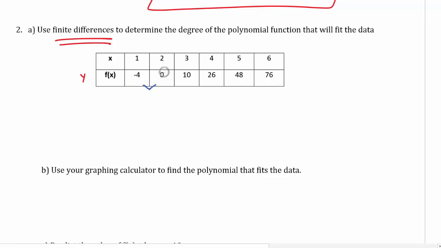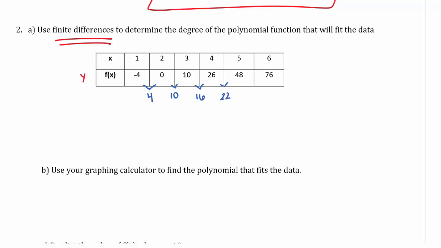So between -4 and 0, I'm going up 4. To get from -4 to 0 on a number line, I would have to add 4. Then to get from 0 to 10, I'd have to add 10. From 10 to 26, I'd have to add 16. I'm just thinking about this on a number line. To go from 26 to 48, I'd have to add 22.